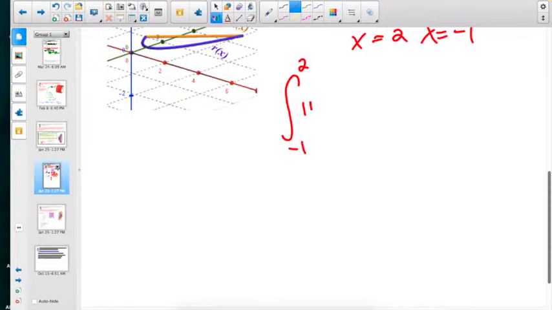And we're just revolving that slice, so we're generating that circle. So our larger radius is the line. What was the equation for that line again? x plus 3, quantity squared. Remember, we have to square the radius. The biggest mistake is forgetting to square the radius. So our radius is x plus 3.